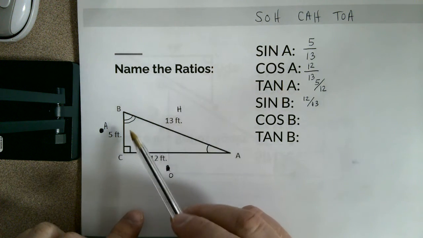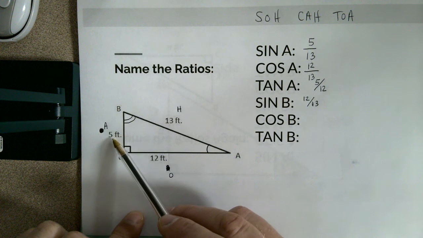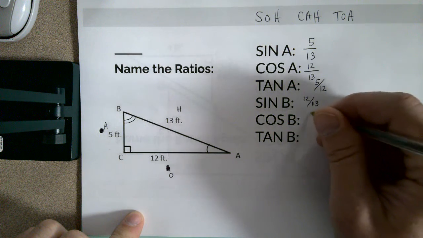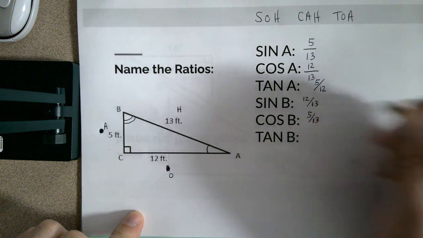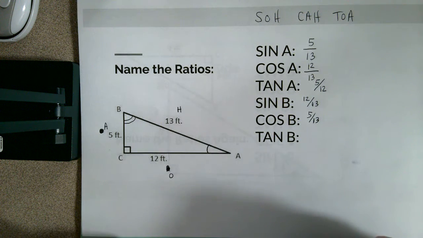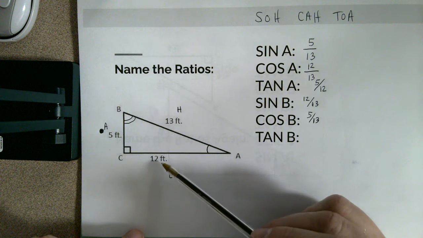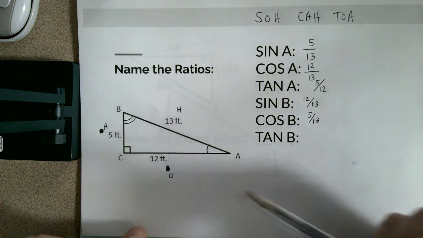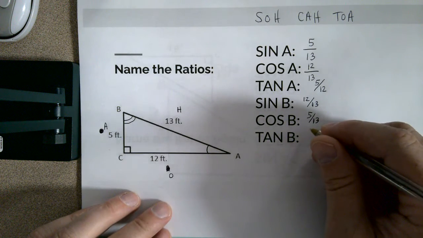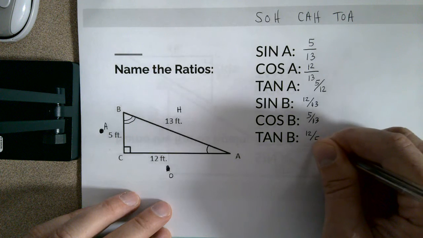The cosine of B is now the adjacent over the hypotenuse, so that would be 5 over 13. And my tangent, still opposite over adjacent. The opposite side now is 12 and the adjacent side is 5, so the tangent of B is going to be 12 over 5.